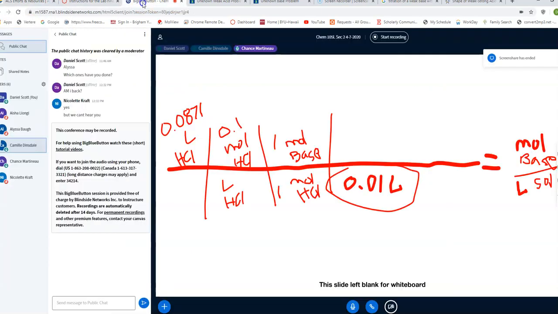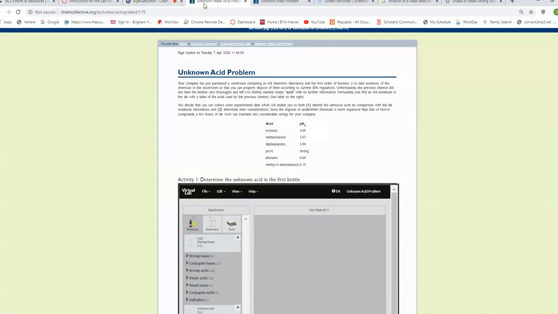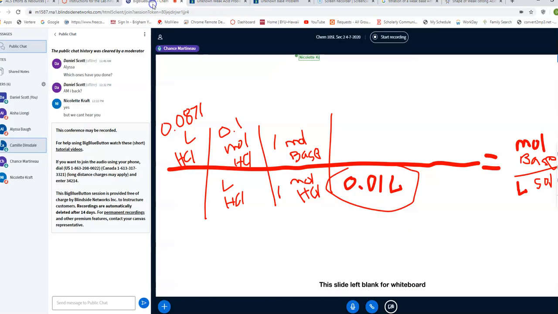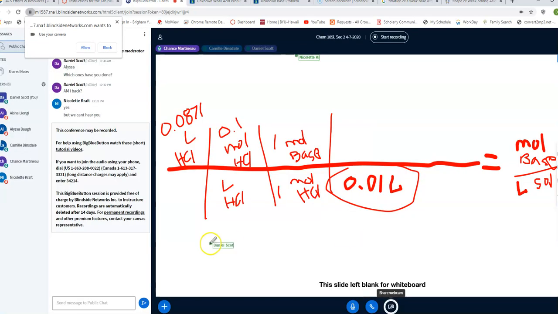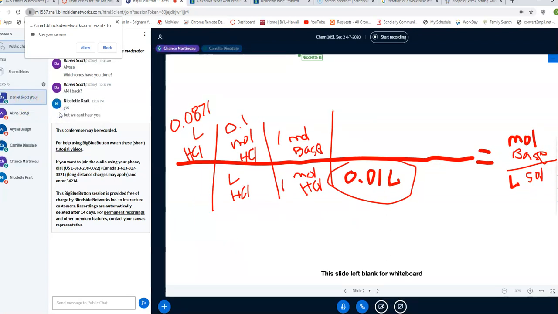So I was working on it earlier, and I was following the steps that you guys were just doing. But when I started to do the titration, the starting pH was already low, like lower than or higher than everything.